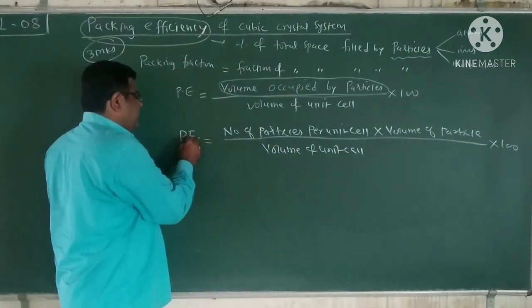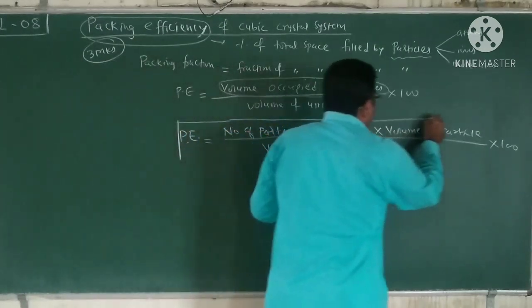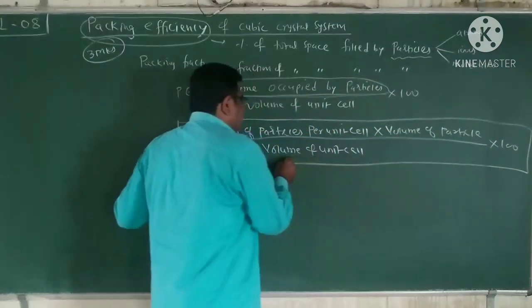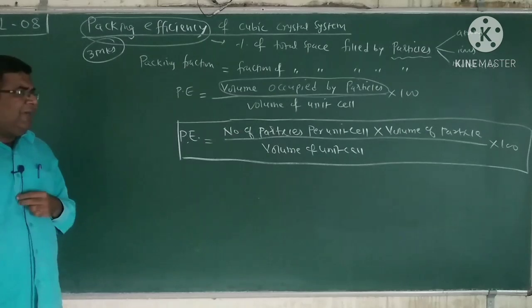This is the formula which we will use. Packing efficiency is equal to number of particles per unit cell multiplied by volume of particle divided by volume of unit cell.